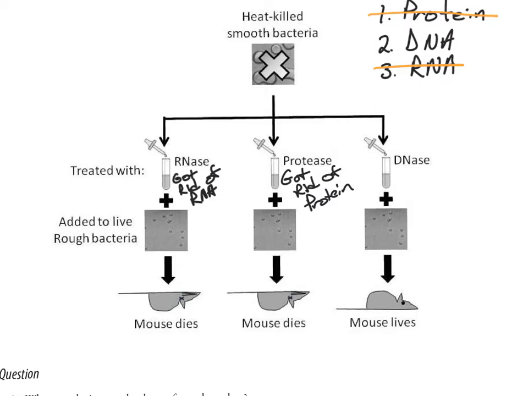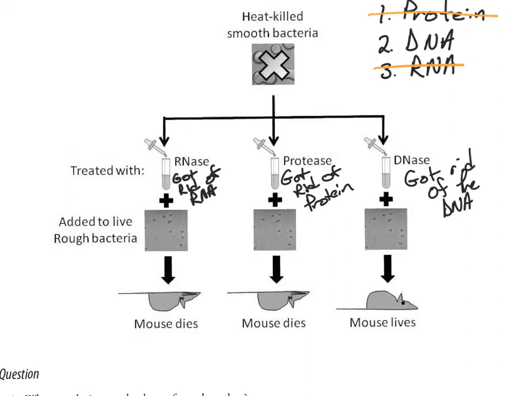The last sample, of course, and the only one left was DNA, but we had to make sure it was DNA. How do you make sure of that? You go ahead and add DNase, which did what? Got rid of the DNA. And if you got rid of the DNA, what happened?